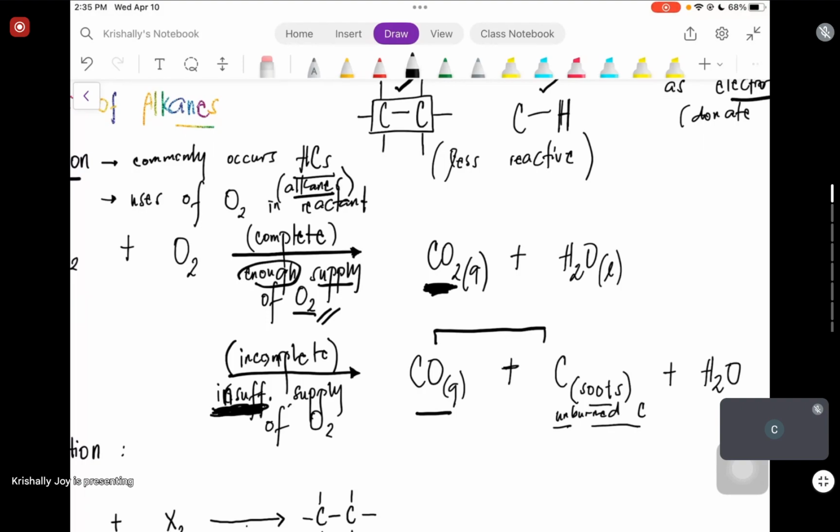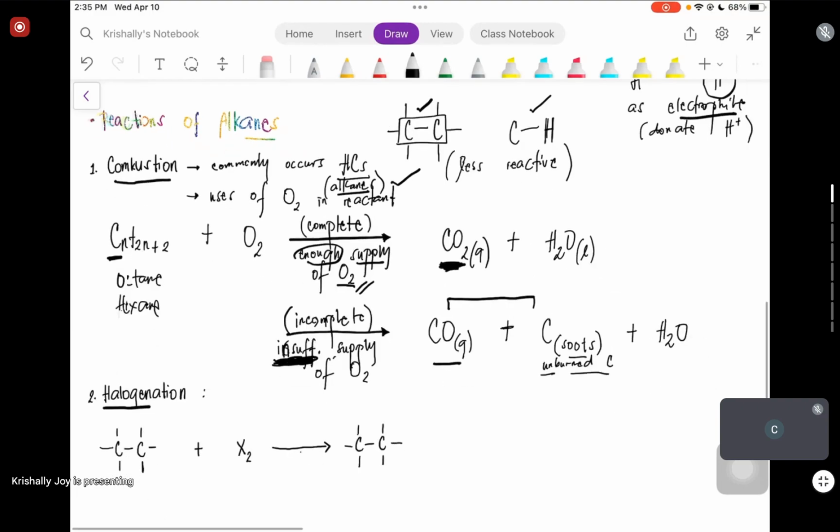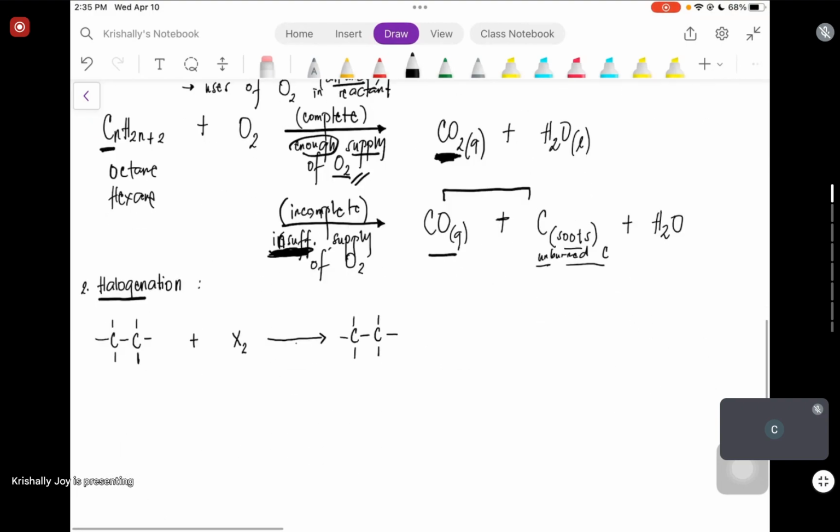Okay? So any alkanes, any hydrocarbons, halimbawa octane, hexane, pentane, and heptane, pwede silang mag-undergo ng combustion.